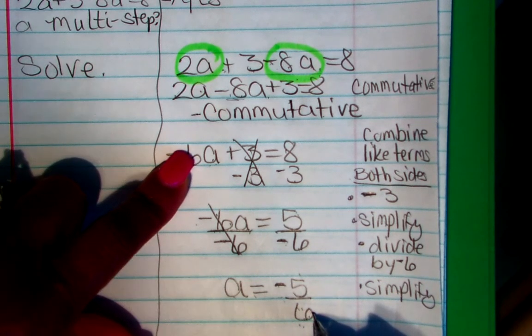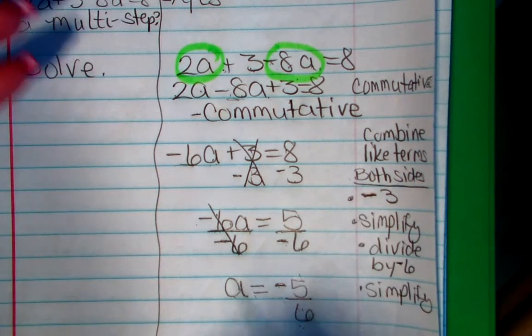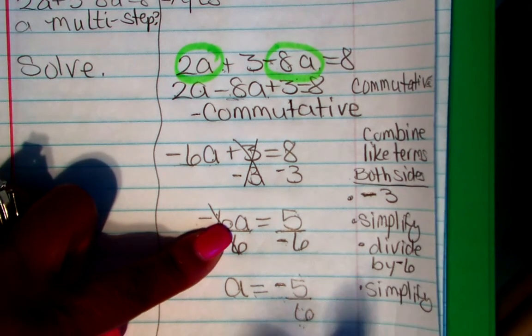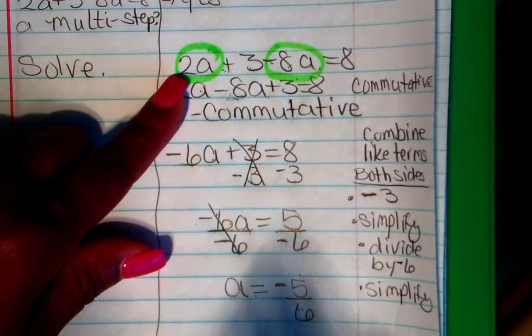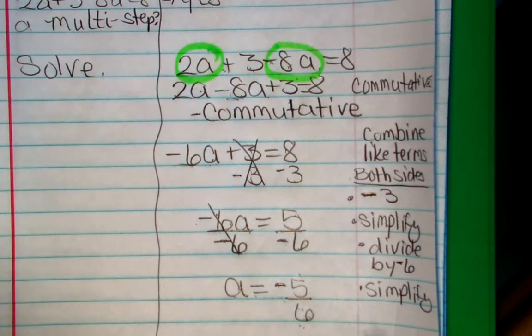I'm certain that I know how to do 2 minus 8. I could make a mistake there, but with my adding and subtracting of integers, I should be really confident in that. Okay, that was one multi-step equation.